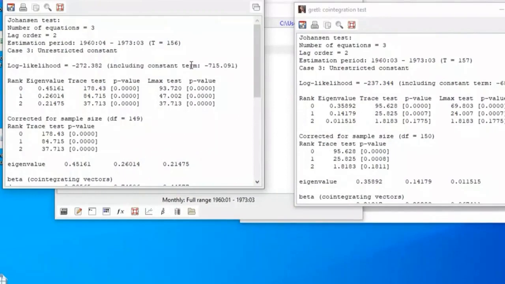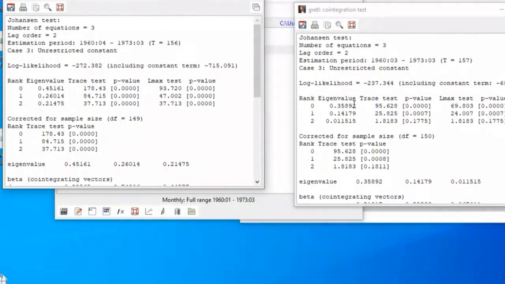Sir, what about the interpretation regarding these eigenvalues or trace statistics? See, what is the eigenvalue? Any idea? This eigenvalue is the proportion of the variance of the data matrix.